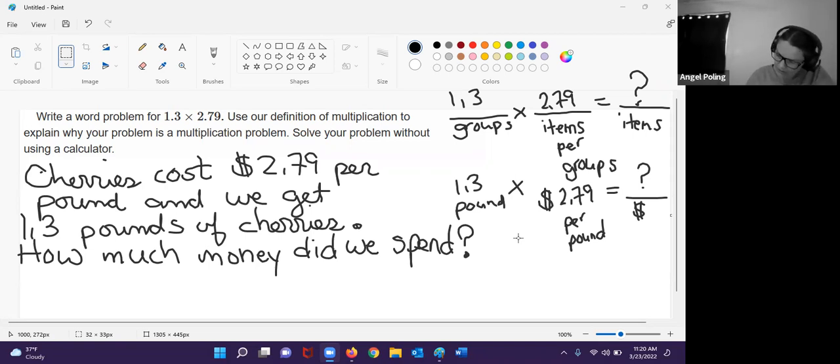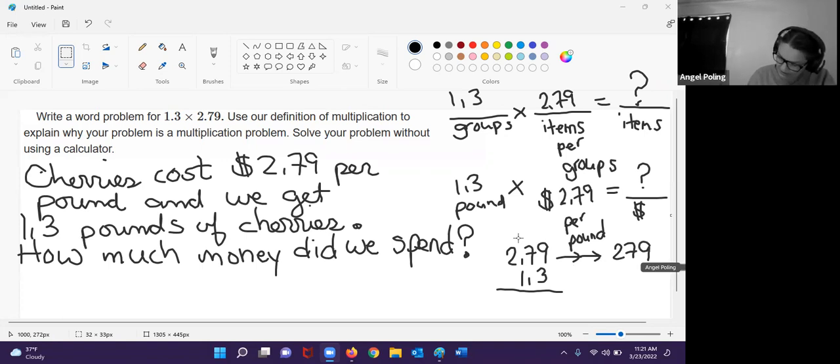Okay, so that means we're going to practice using the stacked algorithm, and we ignore the decimal places.